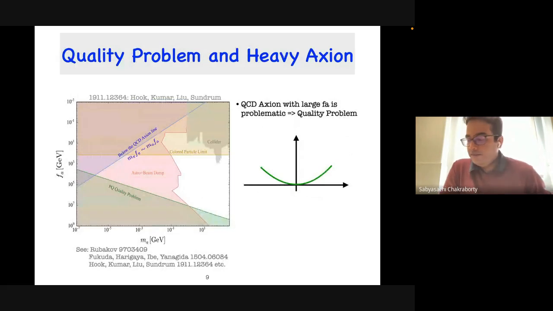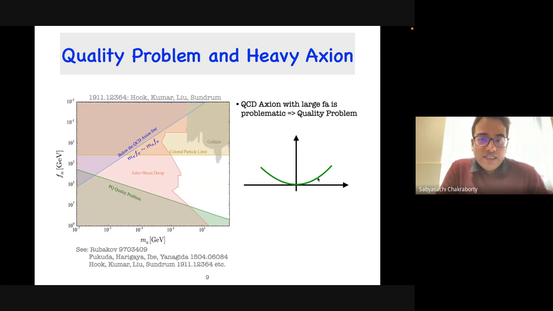As I said, axion would solve the strong CP problem, and an additional motivation is that it can be a dark matter candidate when f_a is very large, 10 to the power 10, 10 to the power 11 GeV. But with such a benchmark, although you get dark matter, you lose a very important thing, and this is the source of the quality problem.